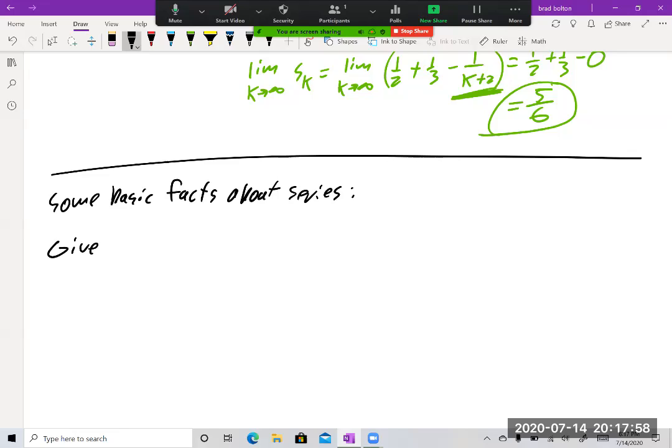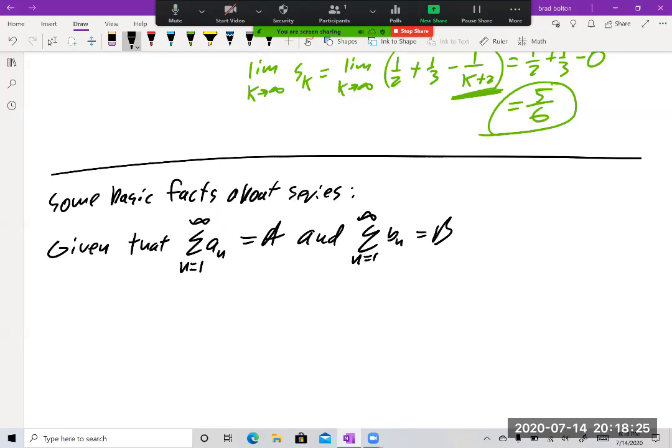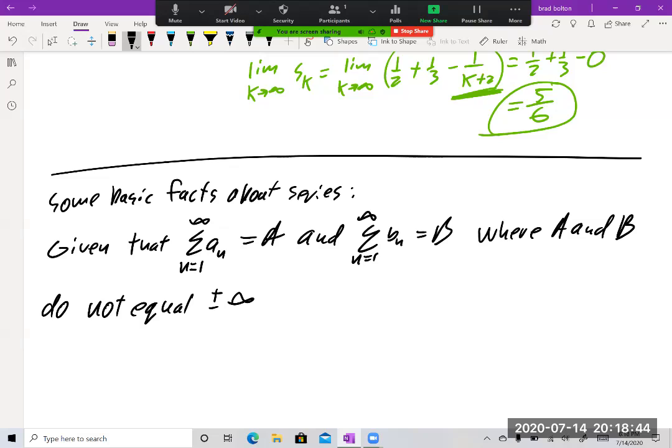Given that the series of A sub n equals A, and the series of B sub n equals B, where A and B do not equal plus or minus infinity, and if C is a constant, then we have the following.